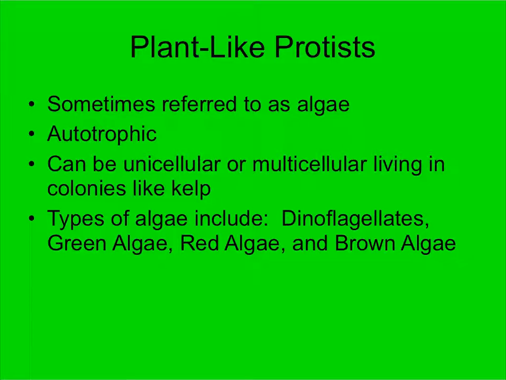Seaweed falls into this kingdom here: kelp, dinoflagellates, green algae, red algae, brown algae. Some of these things are used in our food products as well, soups and things like that. And then also toothpaste. They have some protist organisms that make up the toothpaste that we use.